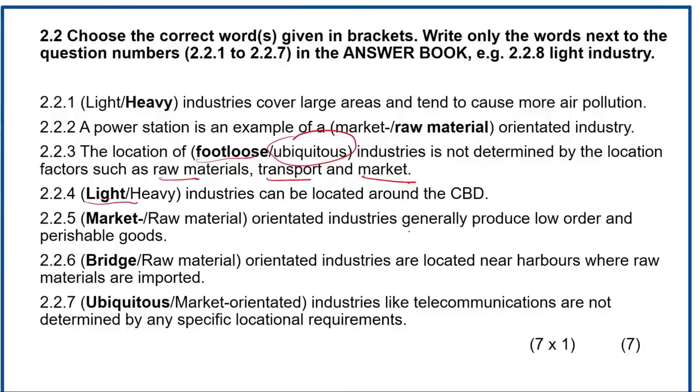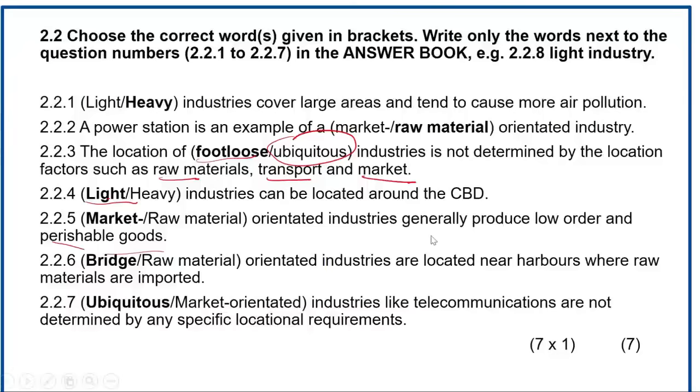Market or raw material orientated industry generally produce low order and perishable goods. Those are your market orientated, like your bakery. Your bakery is a market orientated industry because it is located closer to the CBD, which is closer to the market. So when we define a market orientated industry, you say it's an industry located closer to the customers.